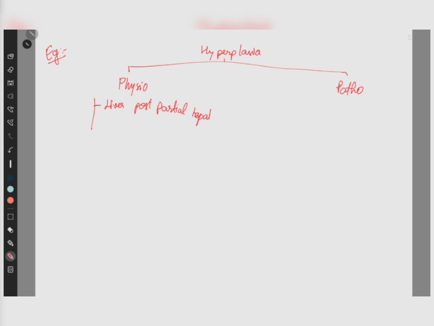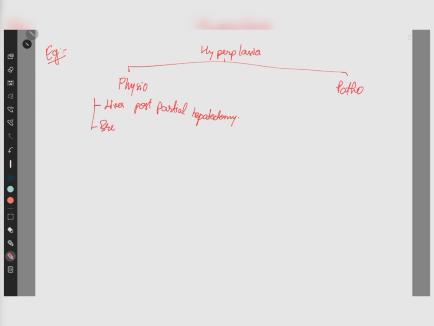So now we will talk about examples of hyperplasia and hypertrophy. First, let's see examples of hyperplasia. Now examples of hyperplasia are divided into two categories. First is physiological hyperplasia and second is pathological hyperplasia. Example of physiological hyperplasia is liver post partial hepatectomy, that is after partial hepatectomy the liver regrows.